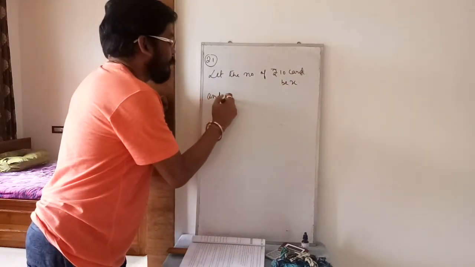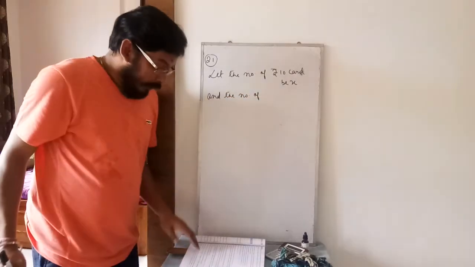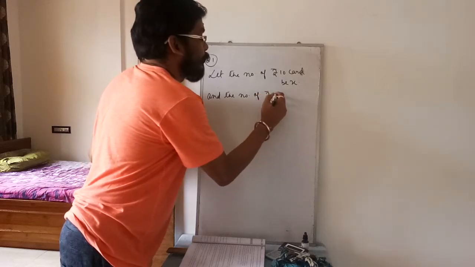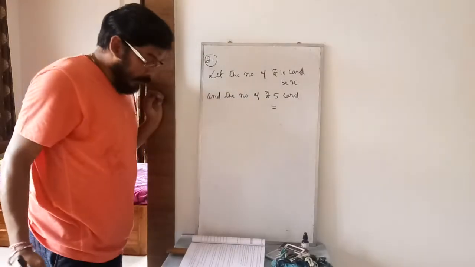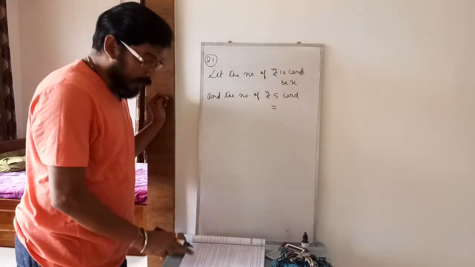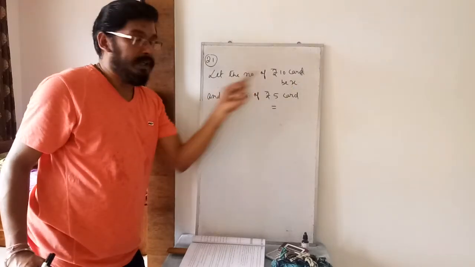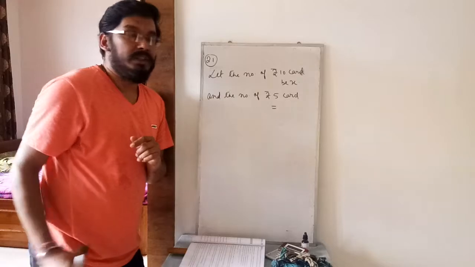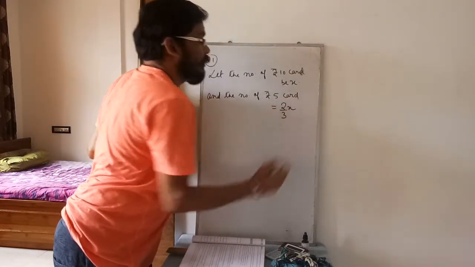And the number of 5 rupees cards is equal to what is given here, 2 by 3. Whatever is the quantity of 10 rupees cards she has purchased, 5 rupees cards were 2 by 3 of it, which means 2x by 3.